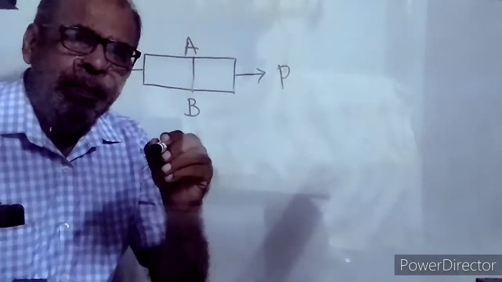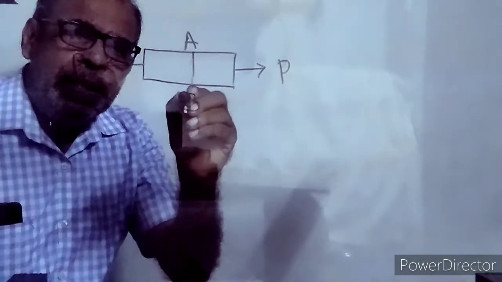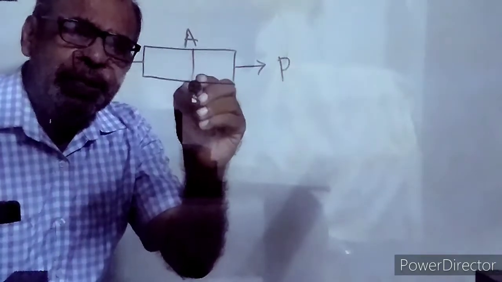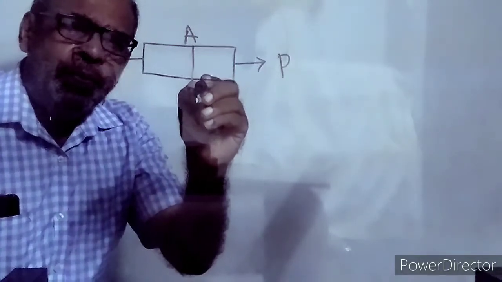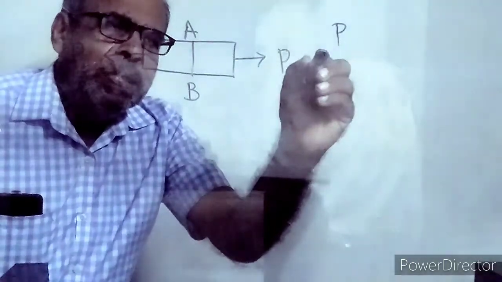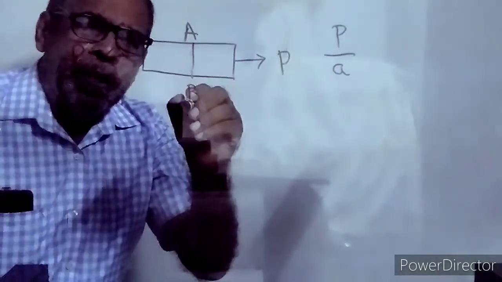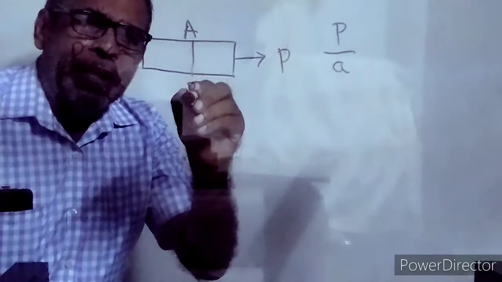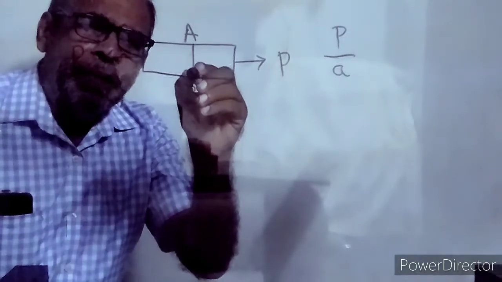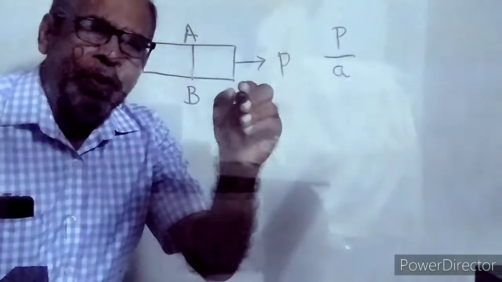The stress on it is P by the area of cross section, which will be P by A, sigma naught. Consider the bar as having a thickness of 1 unit.